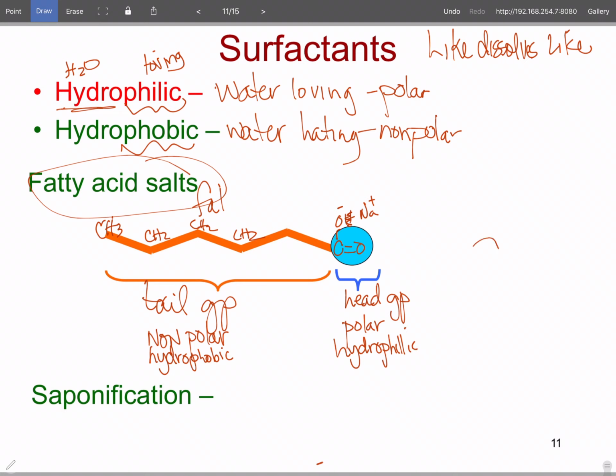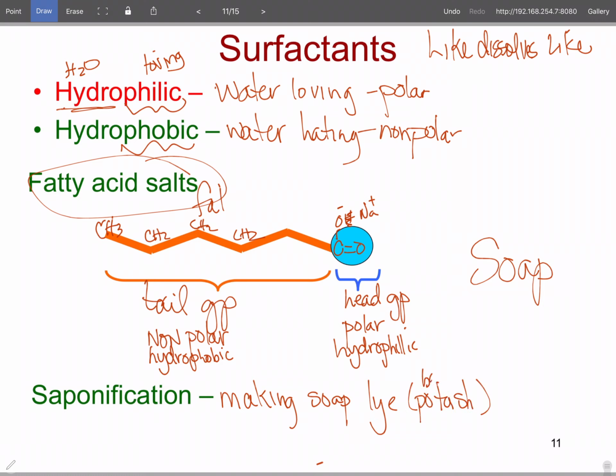Now, this is soap. Saponification is a fancy term for making soap by taking lye, which is potash, a base, and combining it with lard, oil or fats, to form these fatty acid salts so that they will dissolve oils.